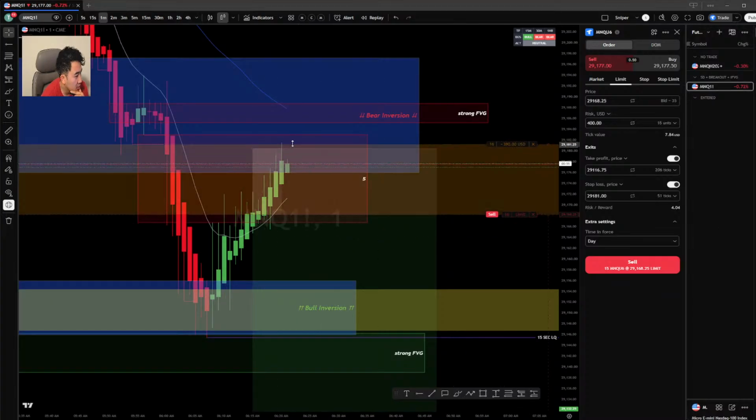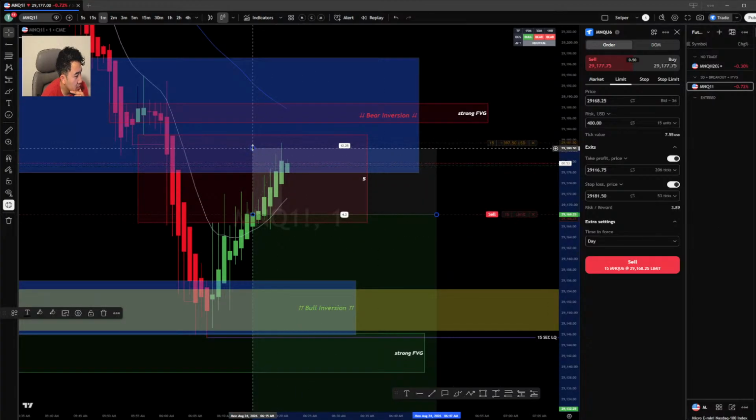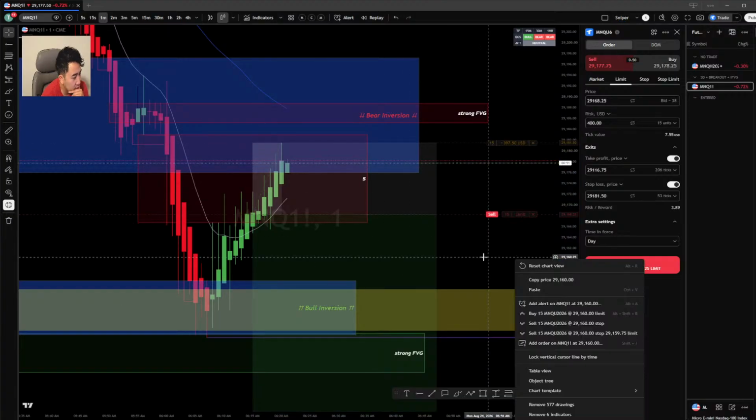Just gonna keep adjusting the stop loss here until we get a valid entry.